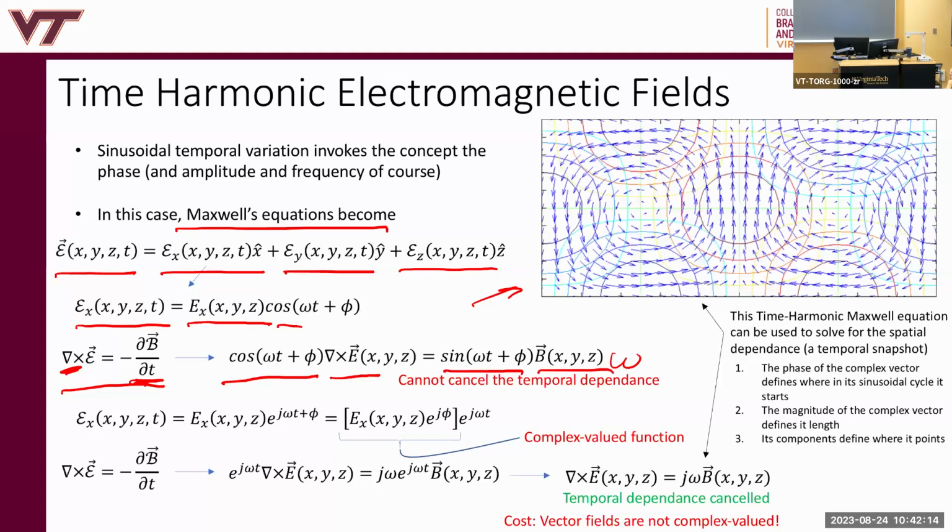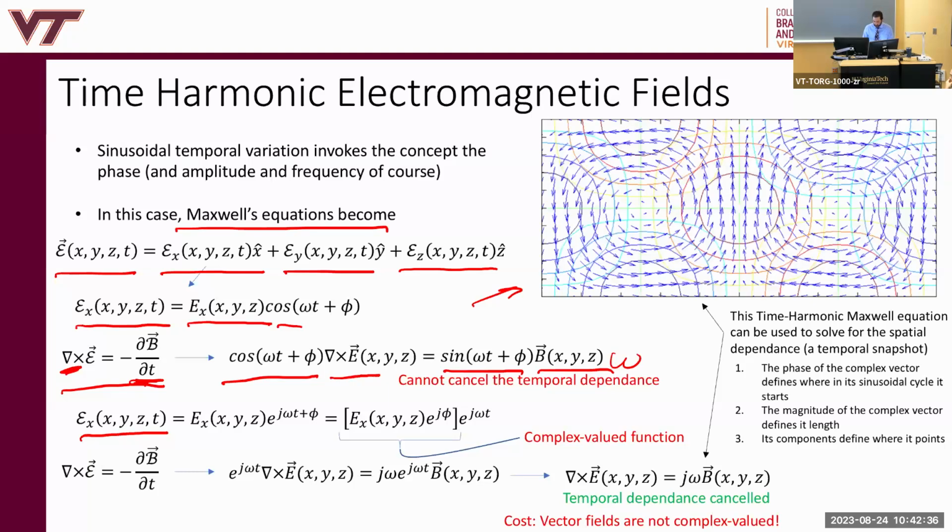Okay, so the problem here is that this is still a Maxwell equation, but it still has temporal dependence. What can I do to get rid of temporal dependence? Let's say instead of cosine, I say E, now as a function of x, y, z, and t.